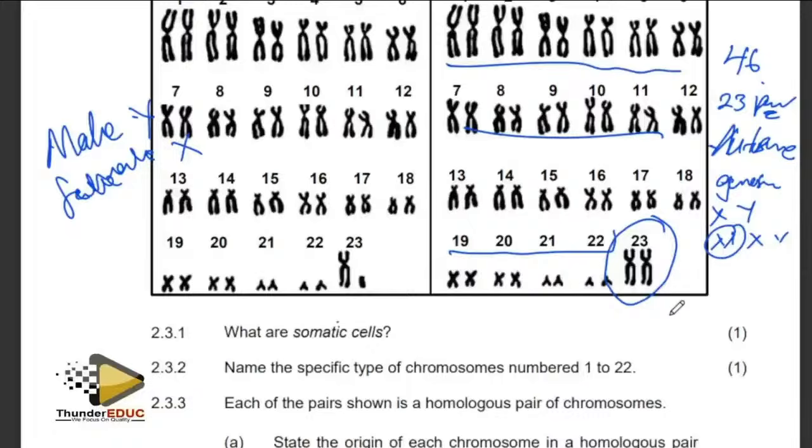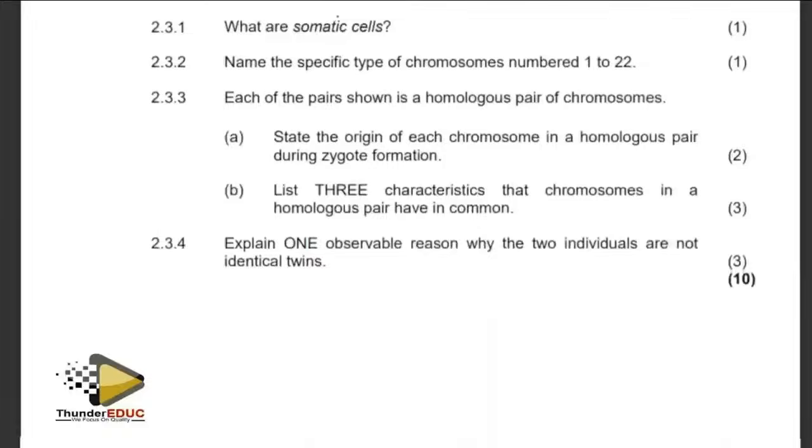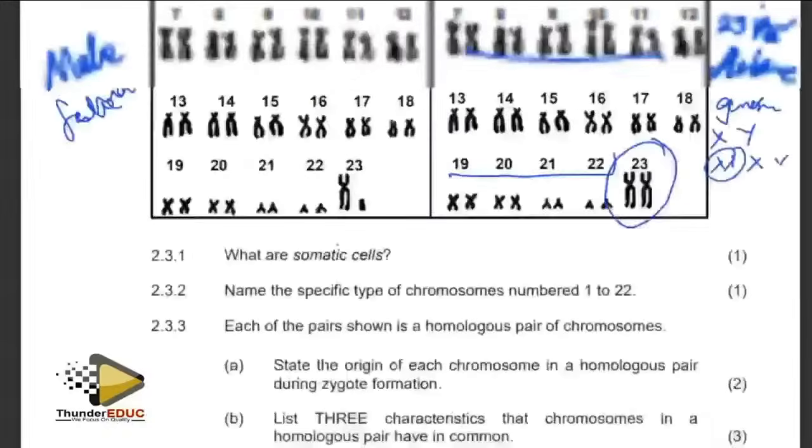If one sperm of X fuses with the ovum, it's going to be identical twin girls. If one sperm of Y fuses, it's going to be identical twin boys. So that's exactly what is happening. Yes, I'm done with the karyotype.